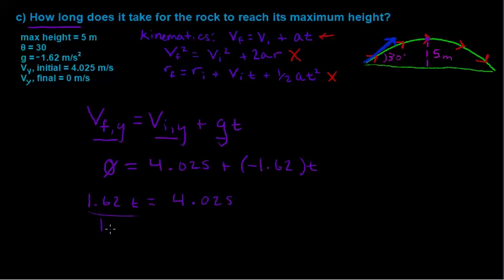And then we just divide by 1.62 on both sides and calculate this. And we find that our time to reach maximum height is equal to 2.48 seconds.